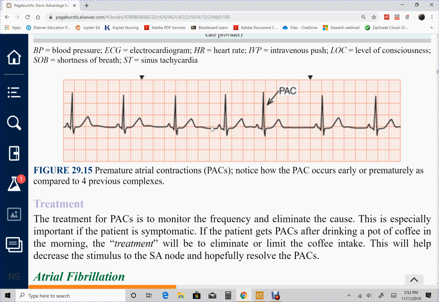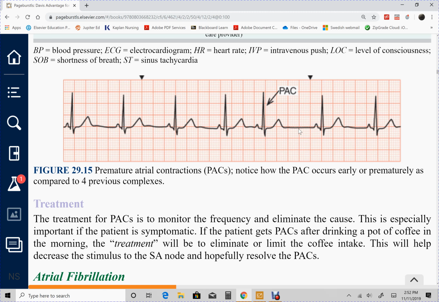The rhythm is regular except this one. We estimate the P is supposed to occur right around here, but this P occurred too soon. As you can see, it looks different from your regular P's. These are your regular P's, and this one is a little bit sharper, shorter, and smaller.